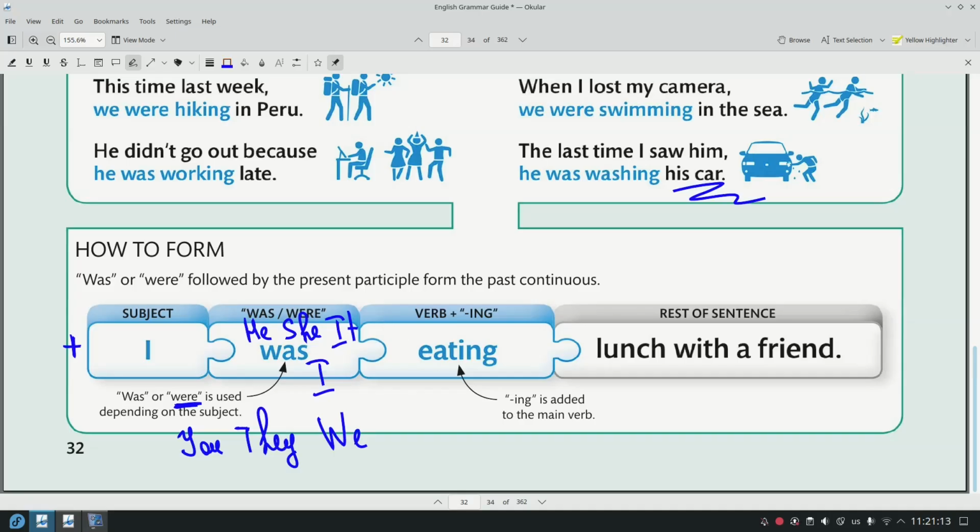Then goes your present participle form, ing ending, eating. Then goes the rest of the sentence, and we have: I was eating lunch with a friend.